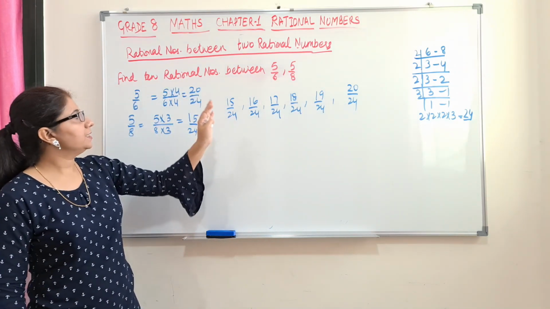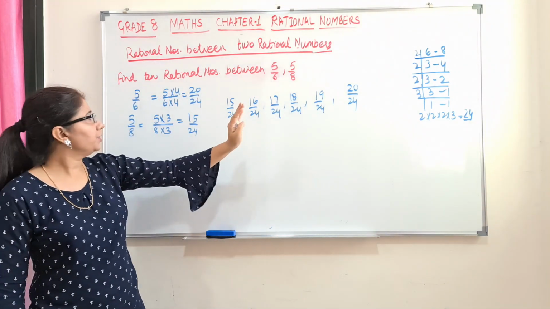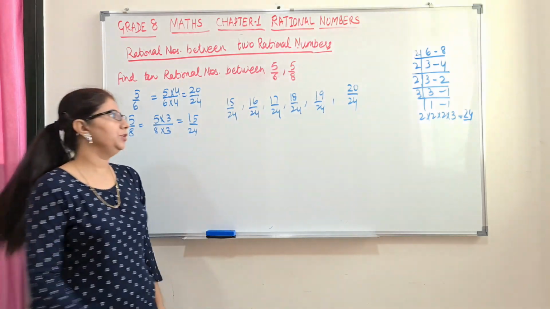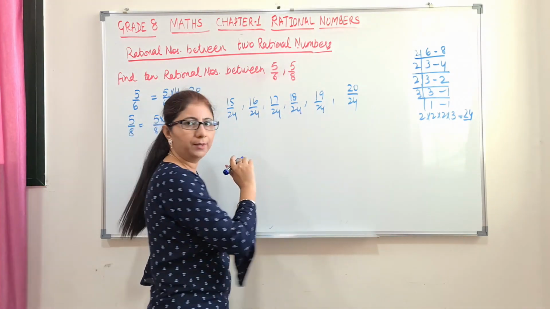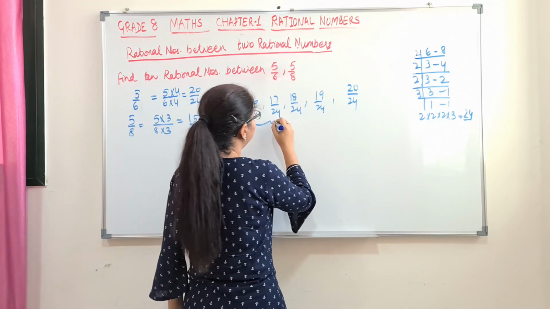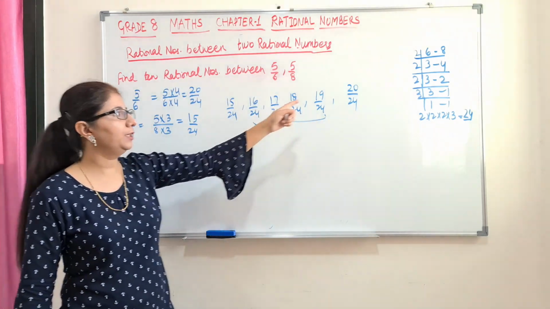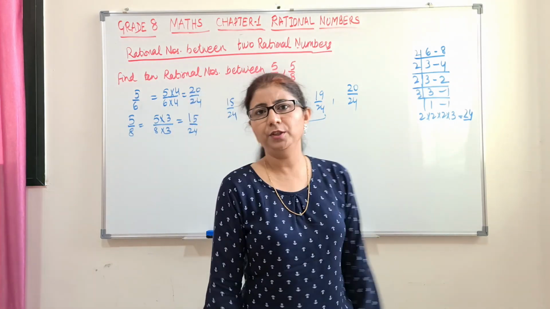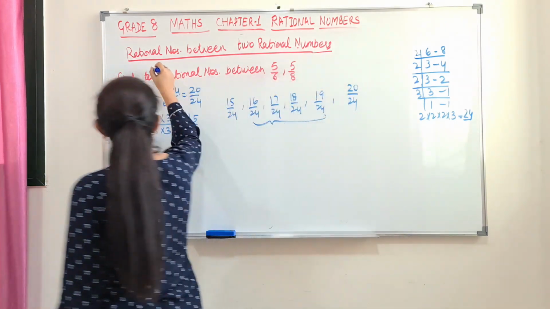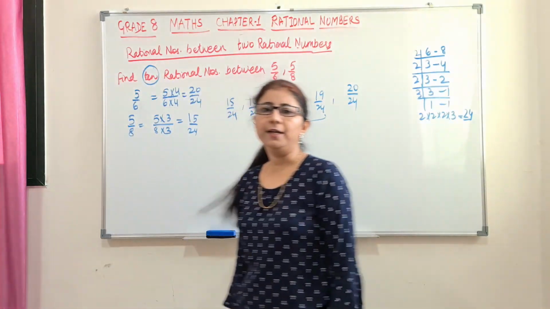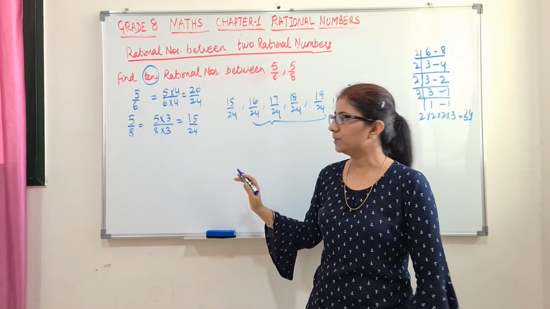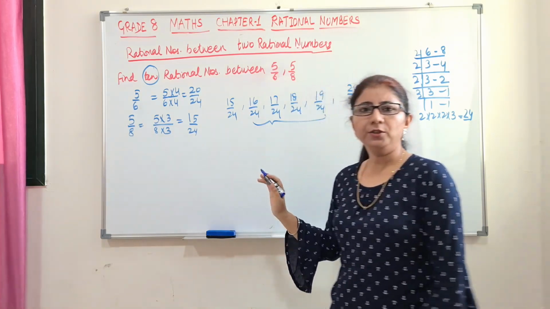If the question is to find three rational numbers between these two numbers, you can write any three of them. But here we have only 4 rational numbers between 15 by 24 and 20 by 24, while our question is to find 10 rational numbers between these two numbers. In this case, no need to worry.